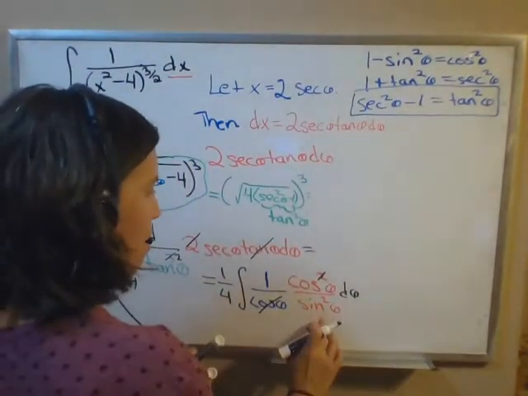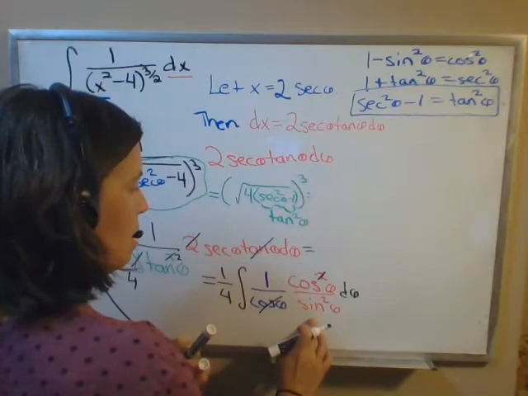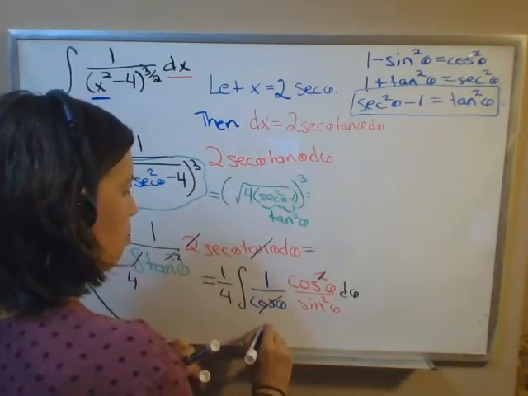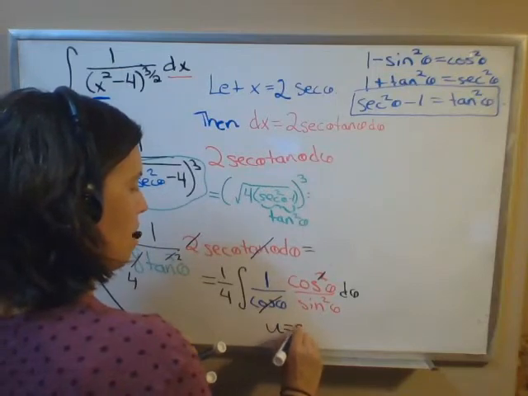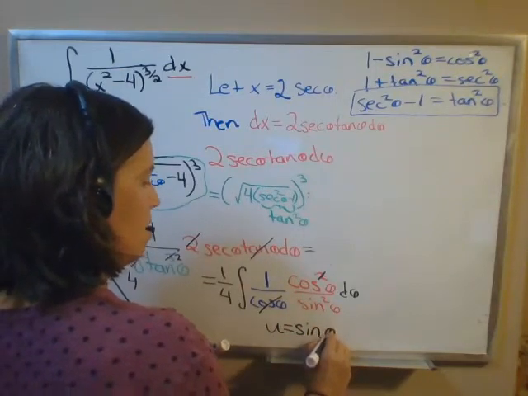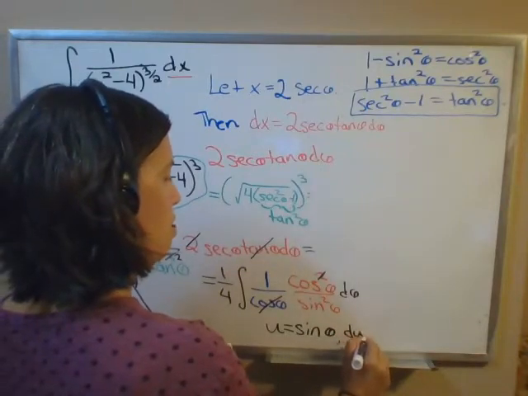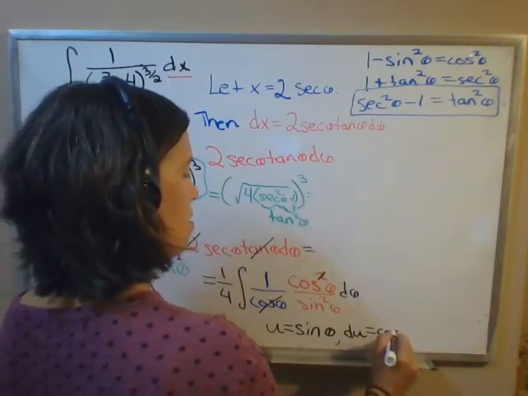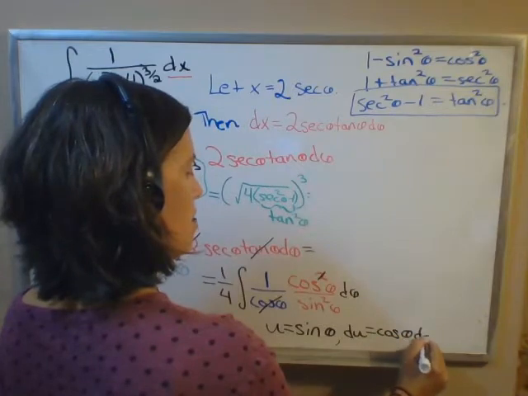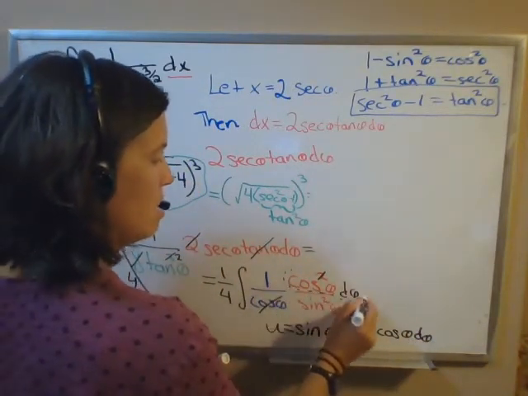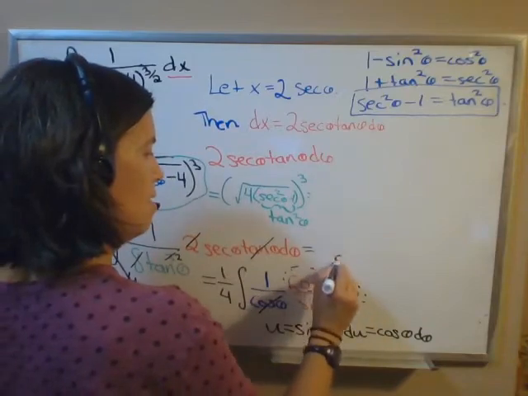Then the substitution that we could use here is let u equal sine of theta. Because if u is sine of theta, then du, derivative of sine, is cosine theta d theta, which is right here. Cosine theta d theta, that's du.